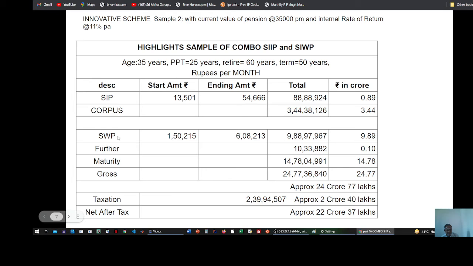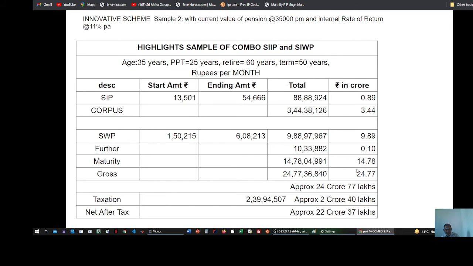Systematic withdrawal is 1,50,000 rupees per month at the age of 60 and goes up to 6,08,000 at the age of 85. Total systematic withdrawal was 9 crore 89 lakh and so on.